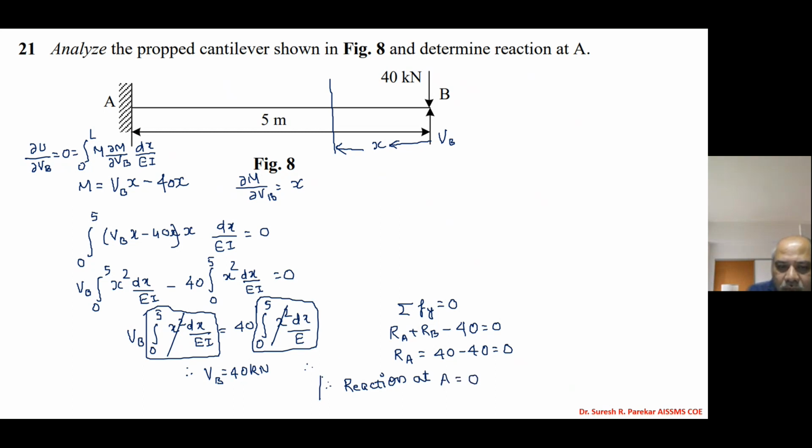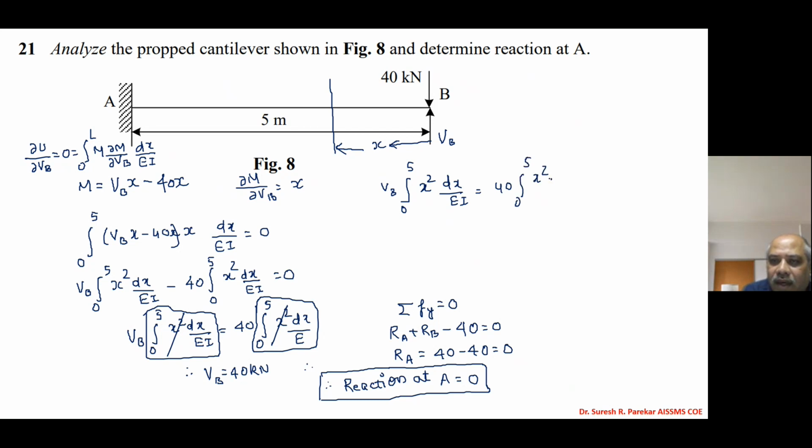So that is most important. We should know the values and how we have to find them out. We need not worry about how it will be. Now if we integrate this part, the integration VB 0 to 5 X square dx upon EI is equal to 40 integration 0 to 5 X square dx upon EI.